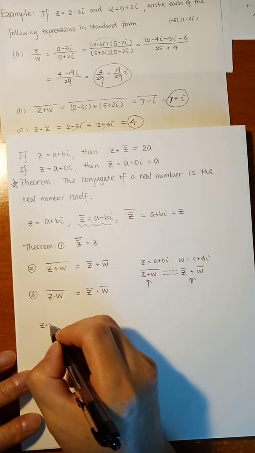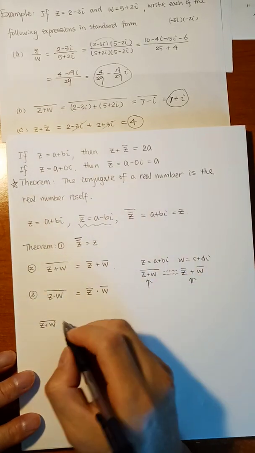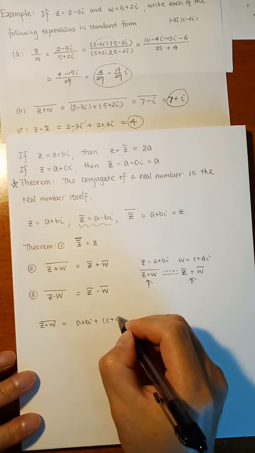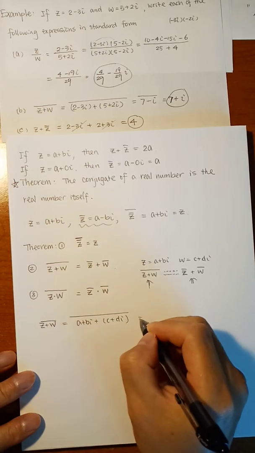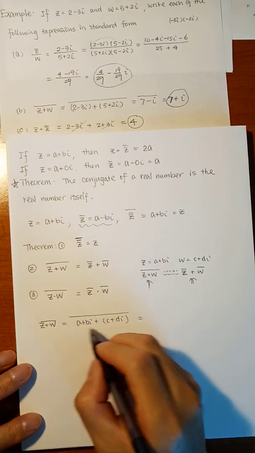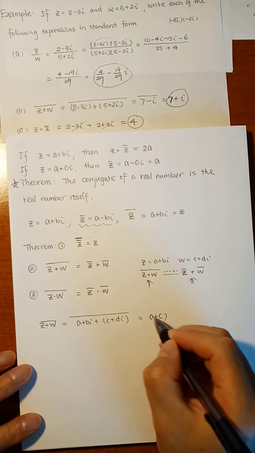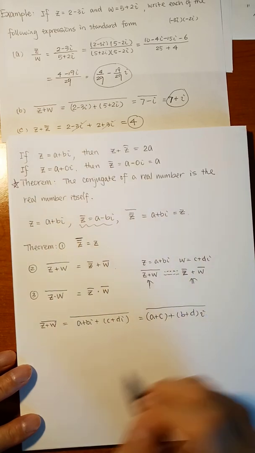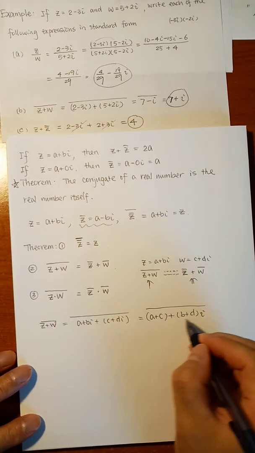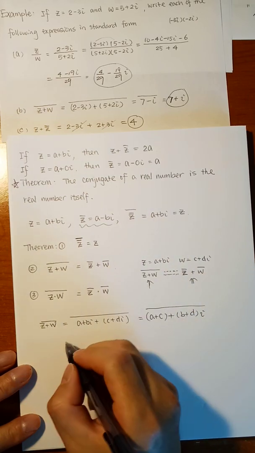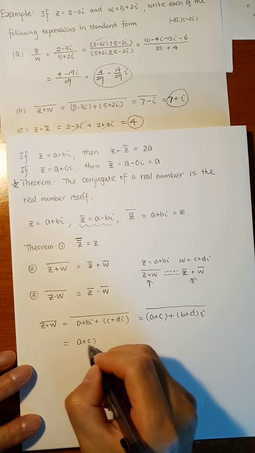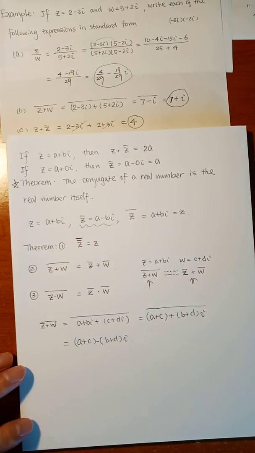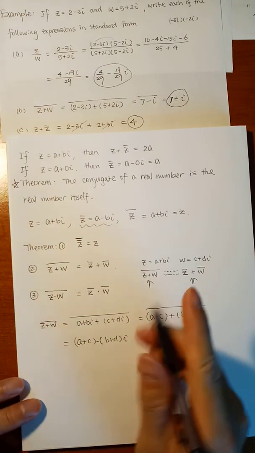The conjugate of z plus w is the conjugate of a plus bi plus c plus di, which is the conjugate of a plus c plus b plus d times i. You change the sign: a plus c minus b plus d times i. That is the left side.